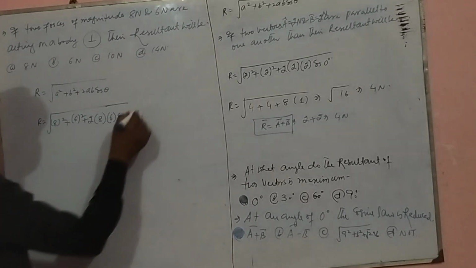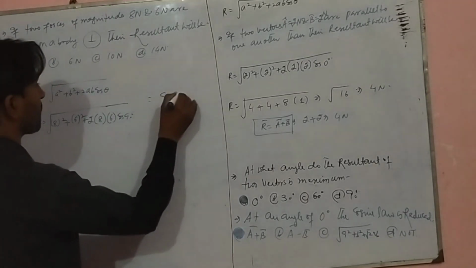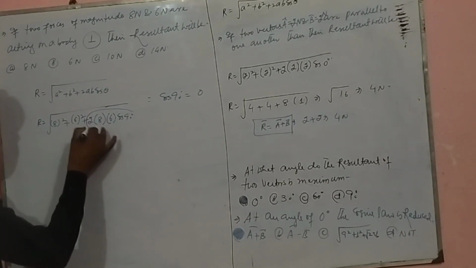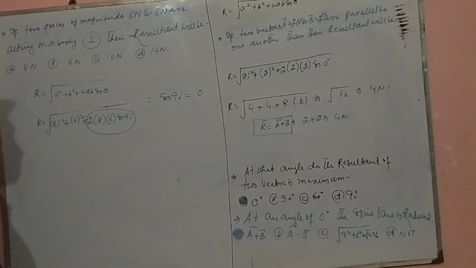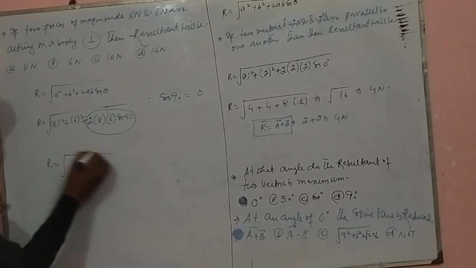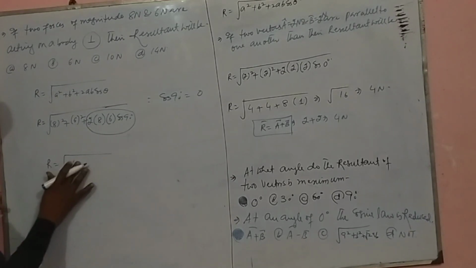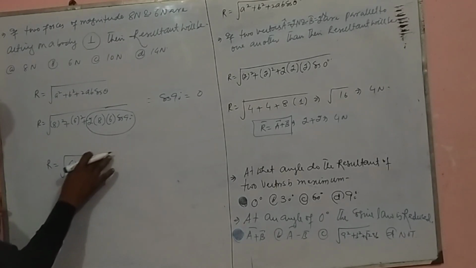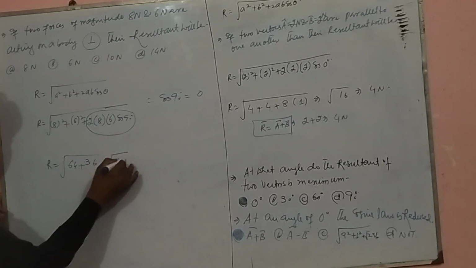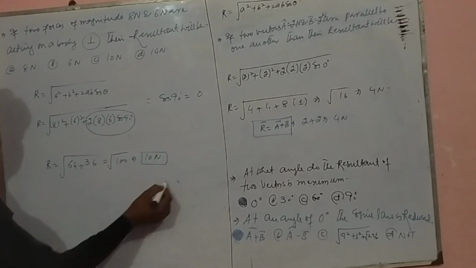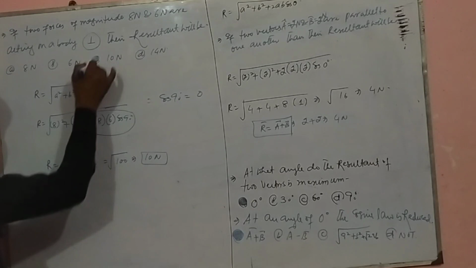Cos 90 is equal to 0, so this whole term will be 0. The remaining is 8 square, which is 64, and 6 square, which is 36. This will be the square root of 100, and this will be 10. So the correct answer is 10.